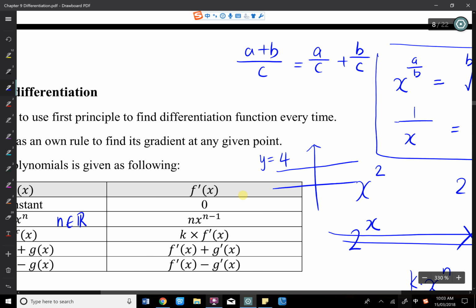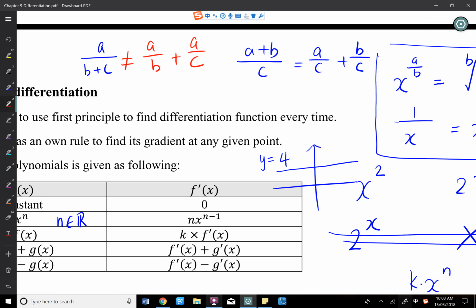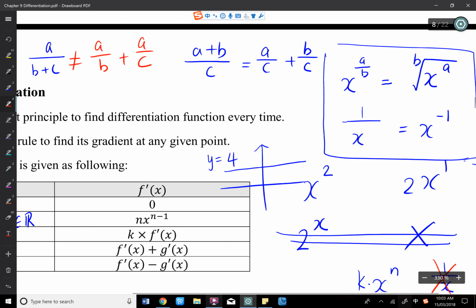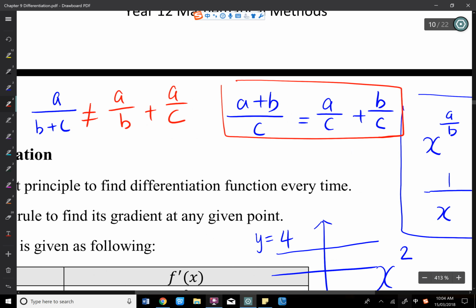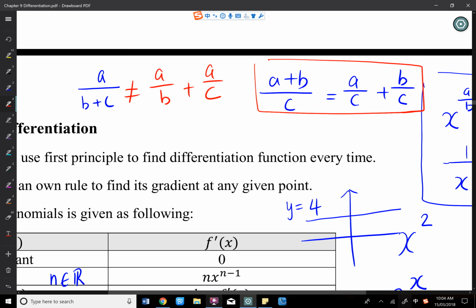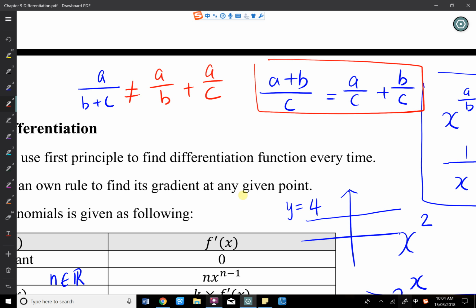But if you have a over (b plus c), that is not equivalent to a over b plus a over c. Be aware of that. When you have terms on the denominator, you can't separate this way. But when you have a plus b over c on the numerator, you have a over c plus b over c. This one will work. Or if you have more terms on the numerator, we can do this as well.